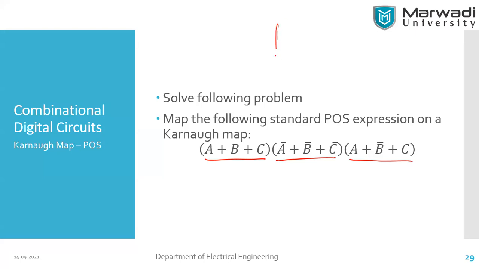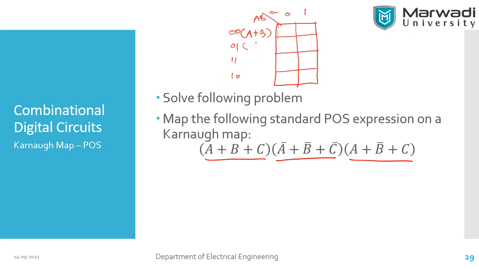First, you need to draw the Karnaugh map as always. Right. So this is A plus B. So 0, 0, 0, 1, 1, 1, 1, 0, and 0 and 1. So it's going to be A plus B bar, then A bar plus B bar, and then A bar plus B.